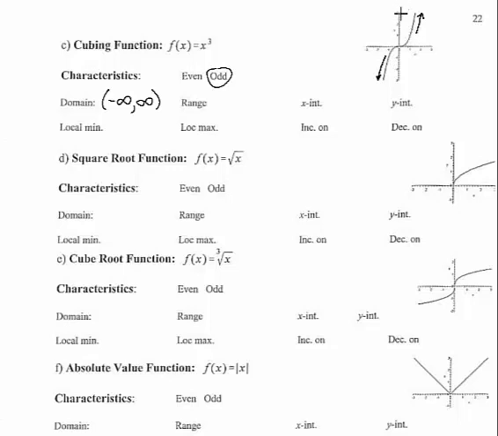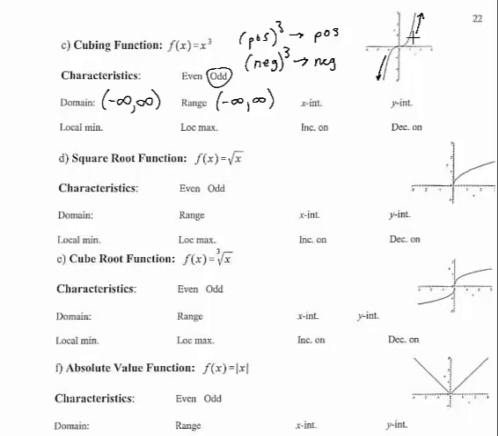So we will span the entire y-axis, so we would get all real numbers. Another way to look at it is to say, if I cube a positive number, I will get a positive number. If I cube a negative number, I will get a negative number. So we can get outputs from both halves of the y-axis.